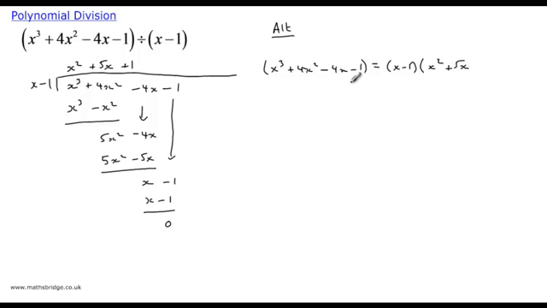This would also give me a minus 5x, but I only want a minus 4x. So if I add 1 when I multiply it through, I get the extra x that I need. From the last two terms in each bracket, I get the minus 1.